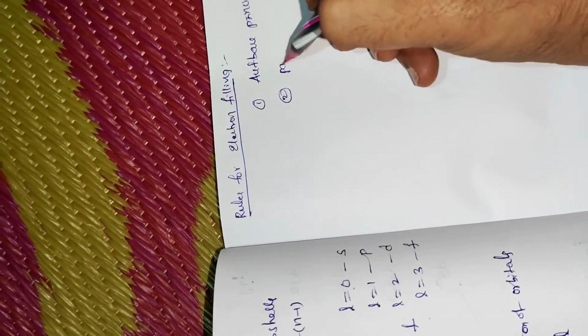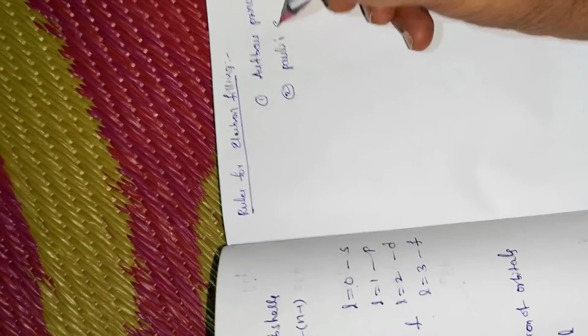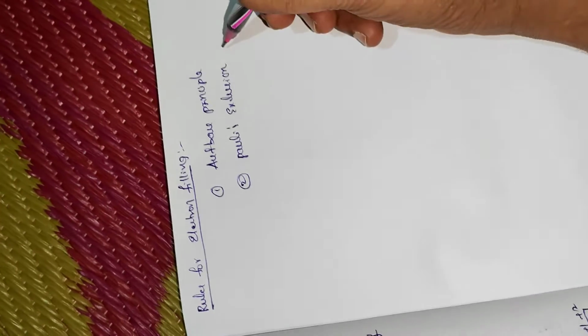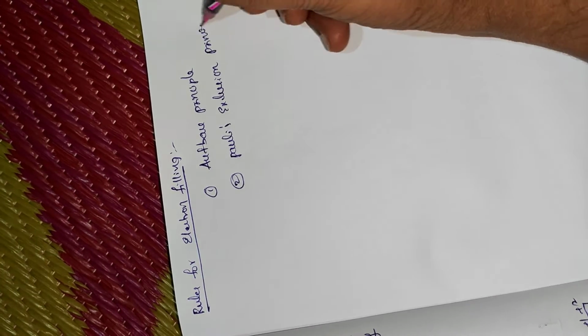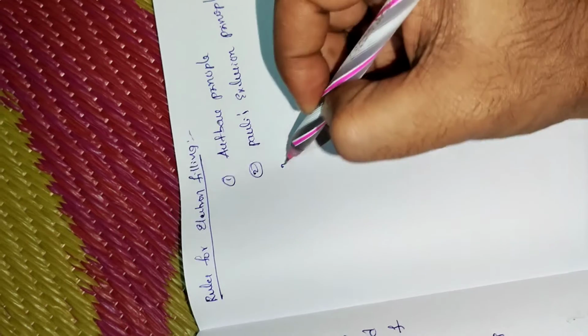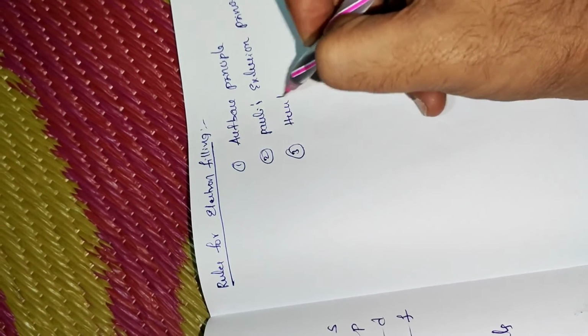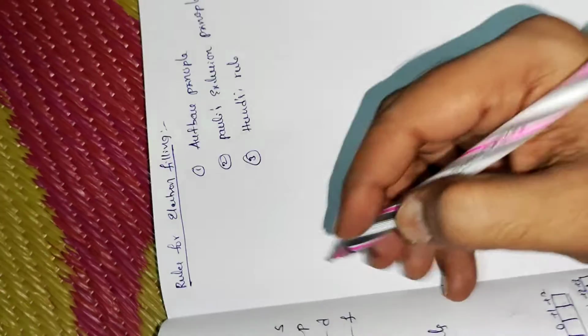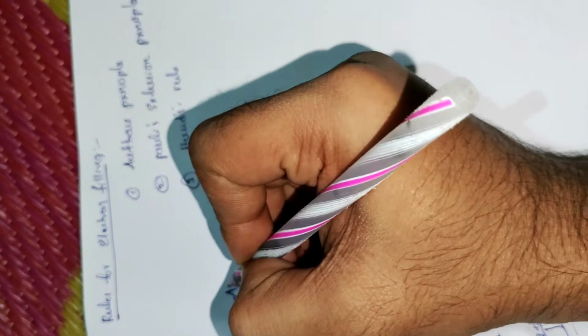Second one is Pauli's exclusion principle. Third one is Hund's rule. First we are going to discuss Aufbau principle.